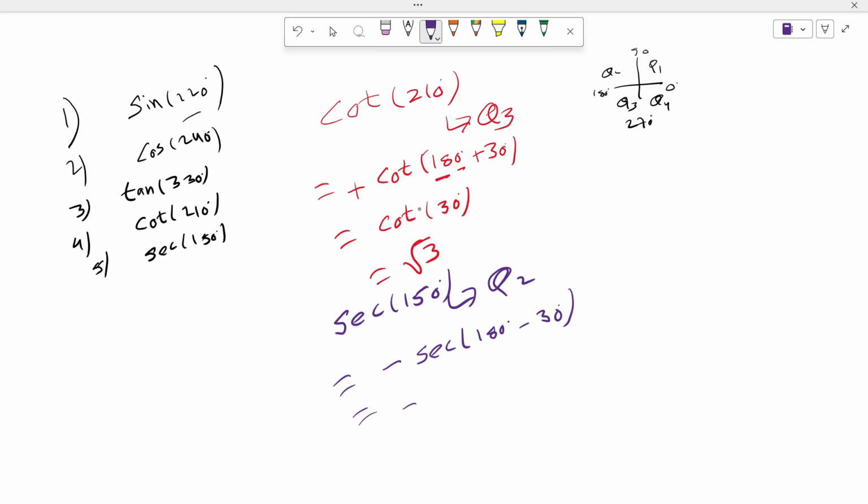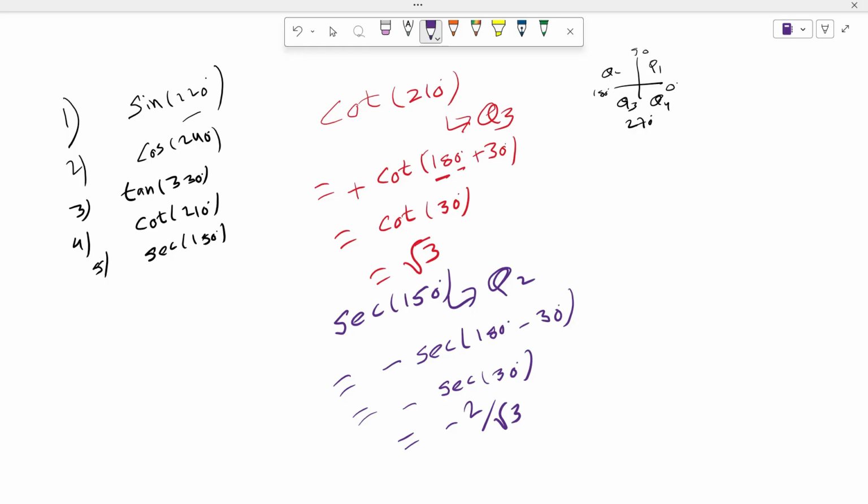So that is equal to minus, and we will get secant as it is, right? I need not explain again and again. You have to neglect this 0 and look at the two-digit number. It is even, so we'll get secant as it is, secant of 30 degrees. Again, look at the trigonometric functions table. What is secant 30? Secant 30 is 2 by root 3. So we get minus 2 by root 3.